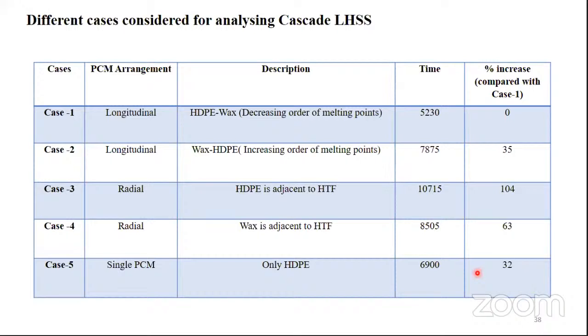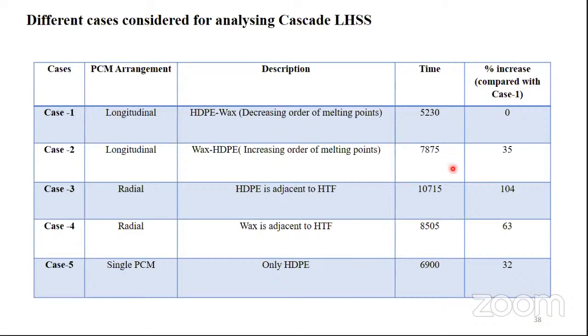And we found that there is a percentage reduction in the melting time, and that can be compared with the base case, which has 6900 seconds as the melting time.